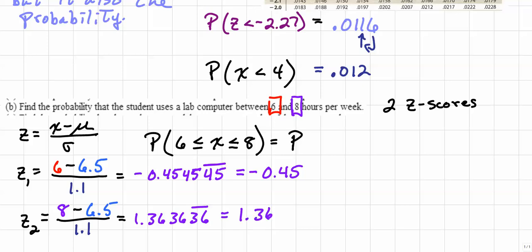So now we can go ahead and write it as a probability that we are looking for a z-score at negative 0.45 less than or equal to z, less than or equal to 1.36. So once again, we'll need to go to the normal distribution table. We'll need to find negative 0.45 and 1.36 in the table and come up with the corresponding area.